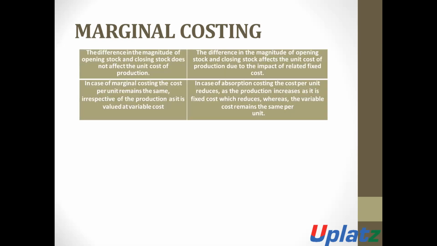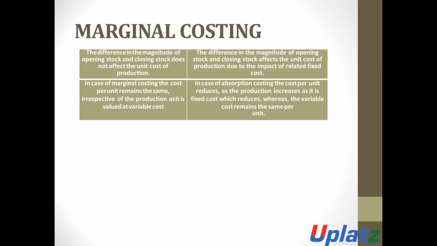Another difference is, in the case of marginal costing, the difference in the magnitude of opening stock and closing stock does not affect the cost of production, because in marginal costing the opening stock and the closing stock are valued on the basis of variable cost.